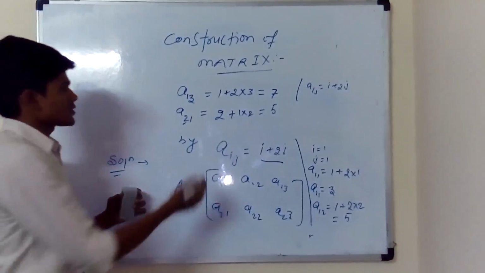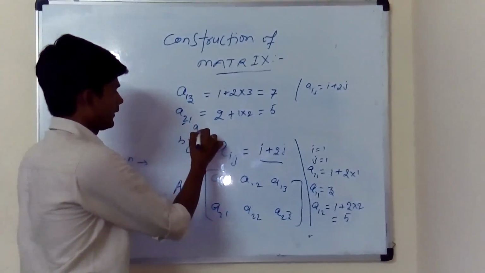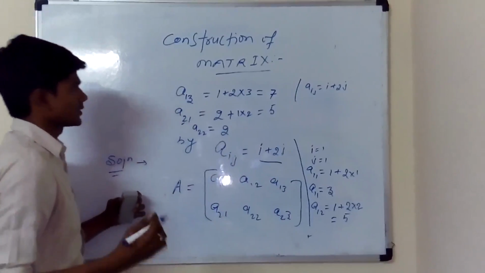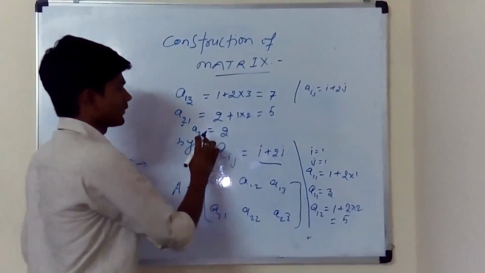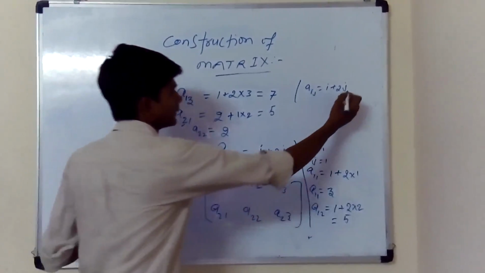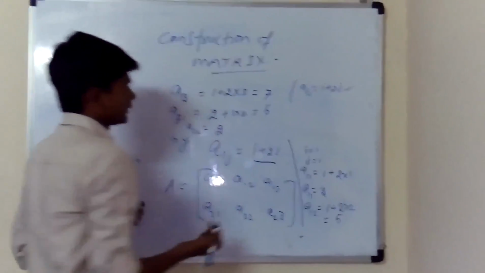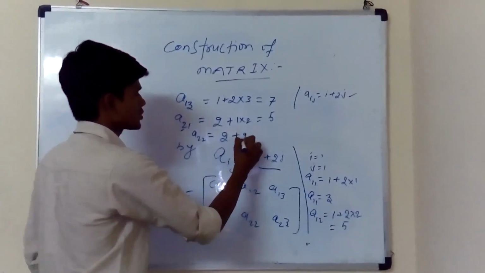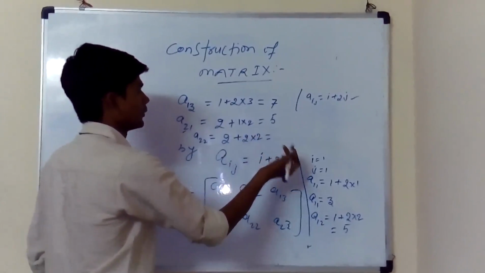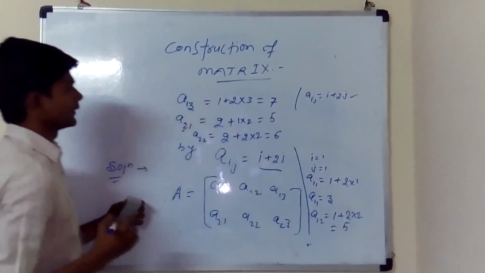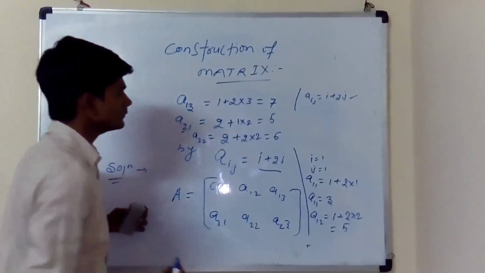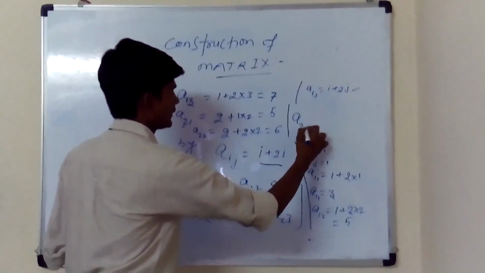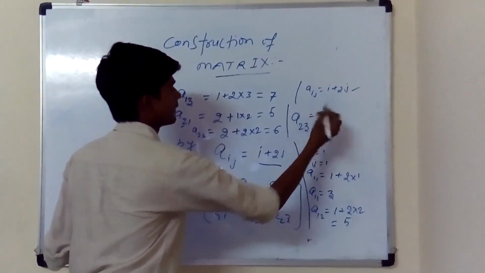Okay, now similarly A22, that means i is also 2 and j is also 2. Just put the values of i and j in this equation, then you obtain the value of A22. So 2 plus 2 into 2, it gives 6. Okay, now again last A23.